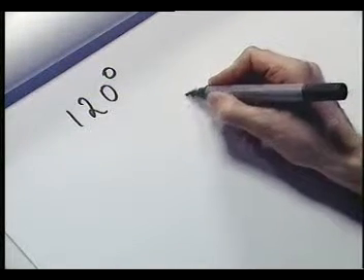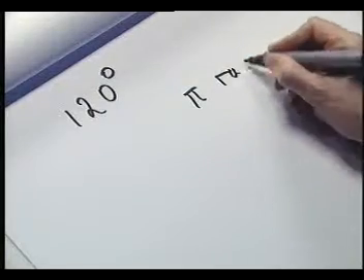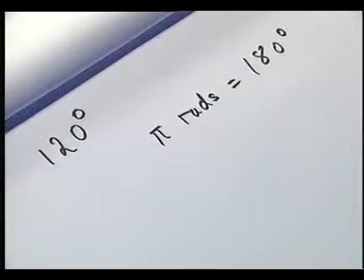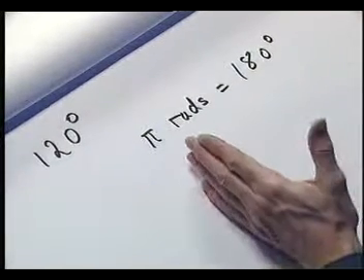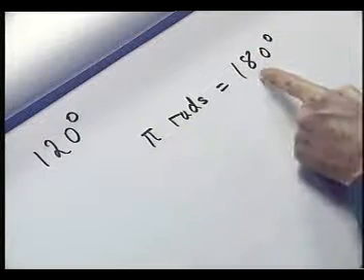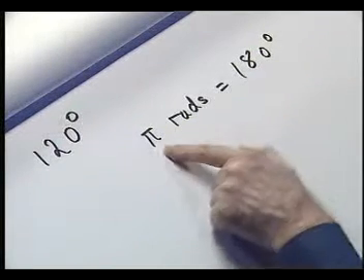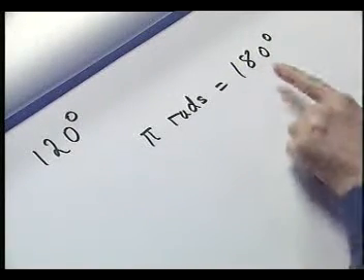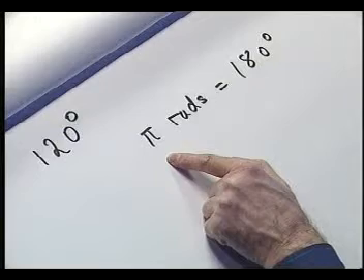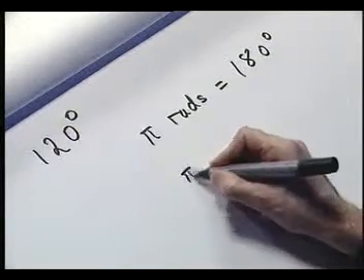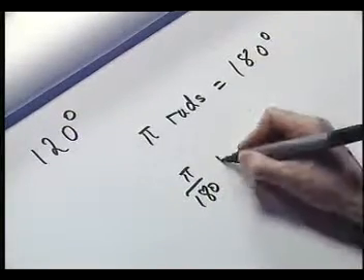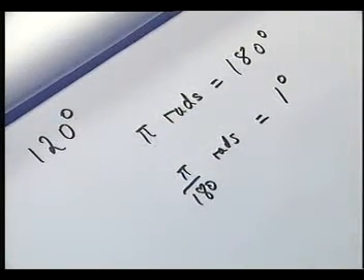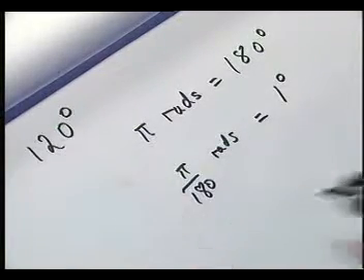Well, let's start off with our relationship that pi radians is 180 degrees. Now, we were able to say that 1 radian was 180 over pi, dividing both sides by pi. So if we want 1 degree, then we can divide both sides by 180. So pi over 180 radians is equal to 1 degree. We want 120 degrees.